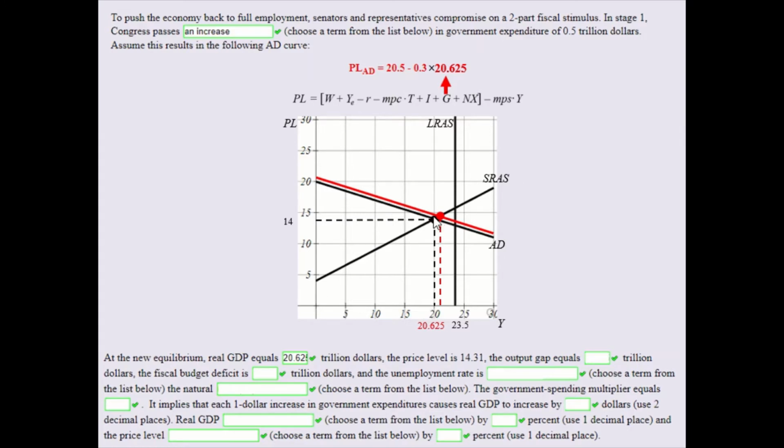See that? Because prices are being bid up along the short-run aggregate supply curve that we're holding constant. The output gap is still relatively large. Potential GDP is 23.5. That's what GDP should be if all resources are being 100% utilized. But GDP is only 20.625, so the gap is the difference in these two numbers here.